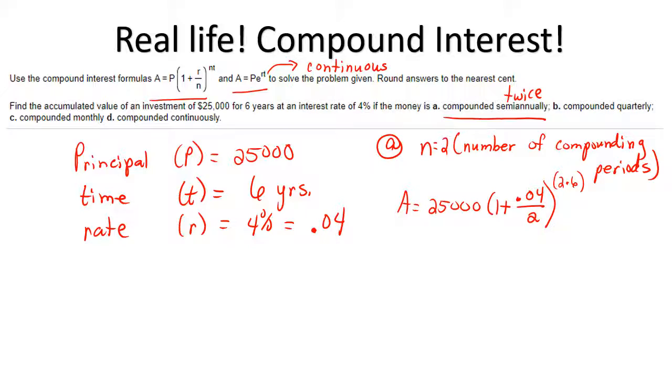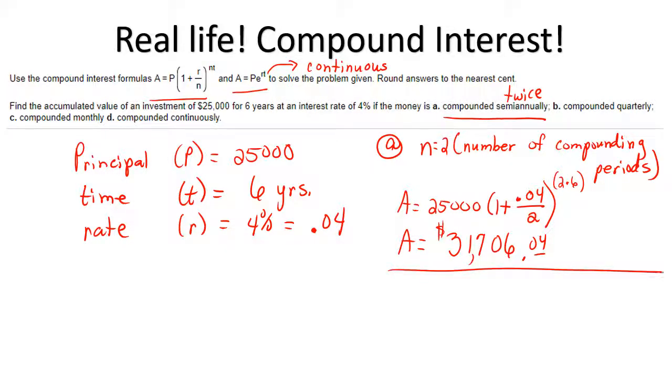Now you will type this into your calculator to get the final accumulated amount. After typing it in the calculator, you'll see that the accumulated amount is $31,706.04. So this would be the answer to part A.